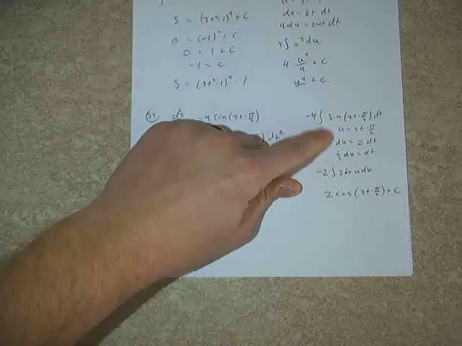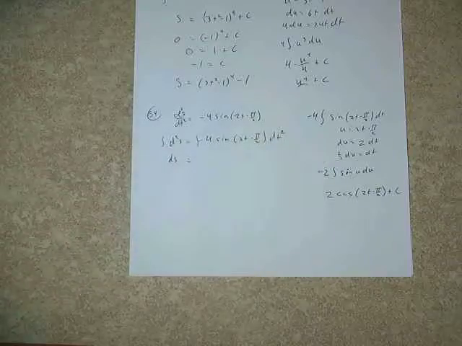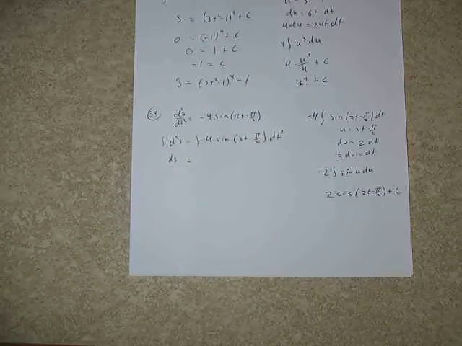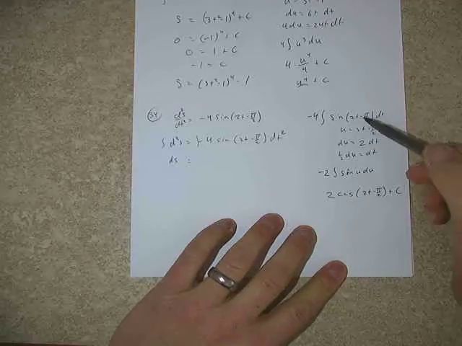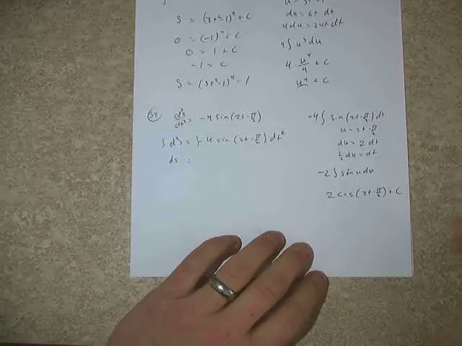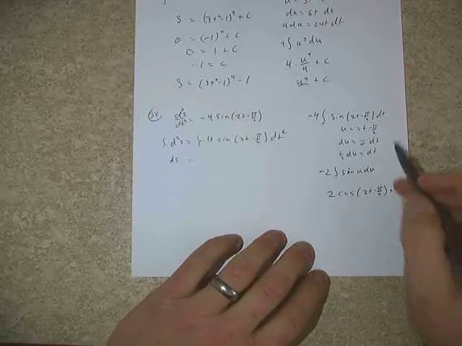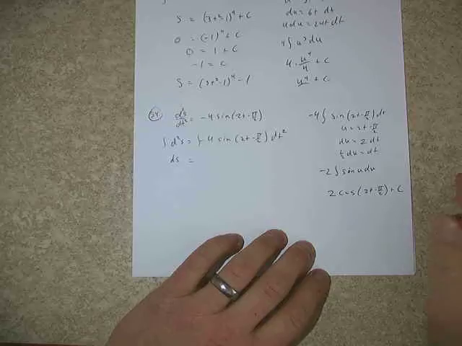So do I actually have to write all this down, or could I go straight to the answer? It depends on how well you can visualize. I've done it enough that I wouldn't need to write all that down, but it's best to use the substitution. That way, it's pretty tough to go wrong if you follow the steps correctly.